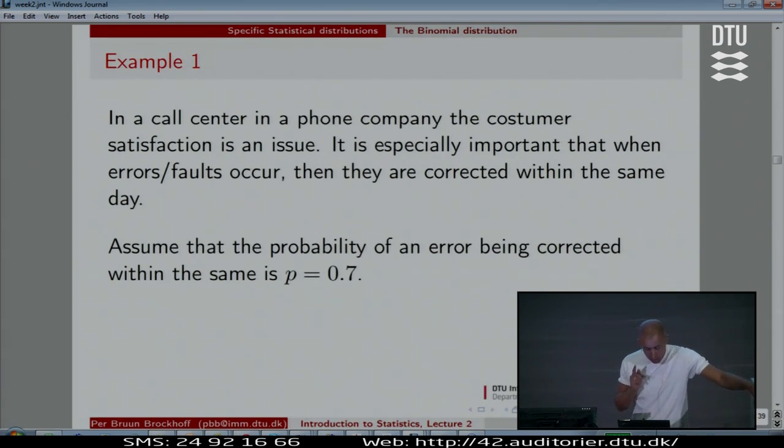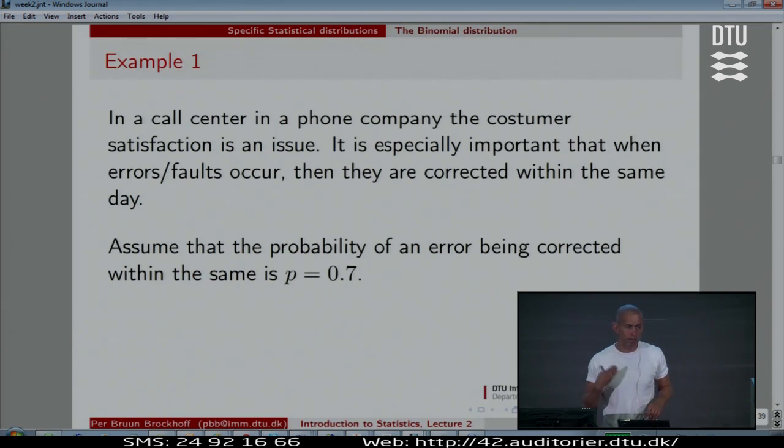Now, assume that the probability of an error being corrected, one single error, they've learned maybe from previous data, that a single error will be corrected within the same day in 70% of the time. So their individual success rate is, you could say, only 70%.